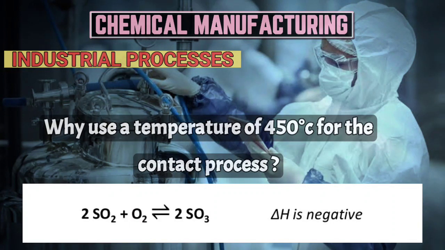But the rate of reaction is too slow at low temperatures. So we use a moderate temperature of 450 degrees Celsius as a compromise in order to make sulfur trioxide quickly enough to be economical. We also use a catalyst to speed up the reaction rather than more heat, so the process is more energy efficient.